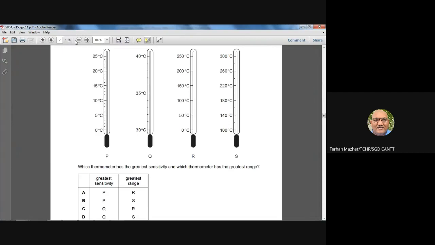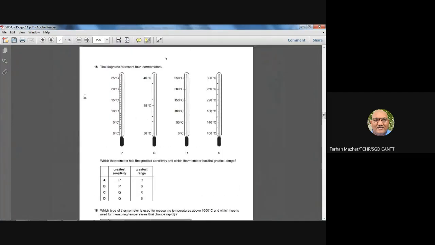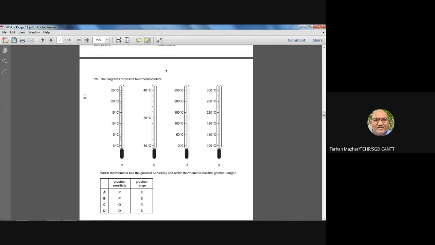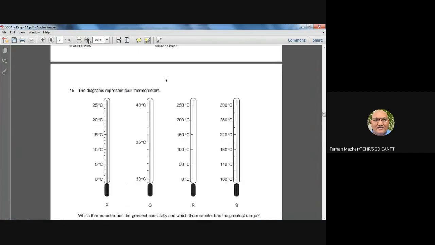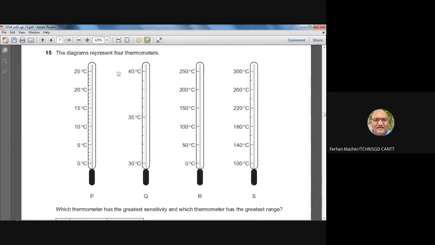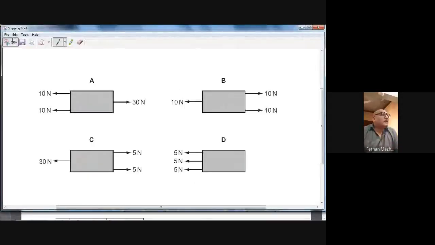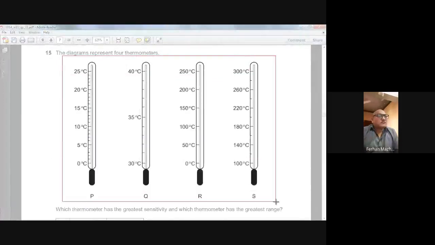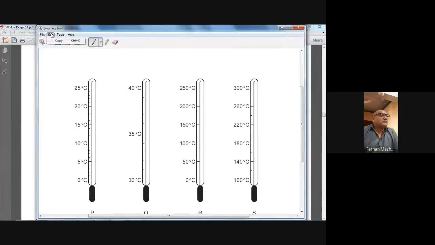Okay. The diagram represents four thermometers. Which thermometer has the greatest sensitivity and which thermometer has the greatest range? Let me increase the size so you can also see. Let me copy it and take it into the main.